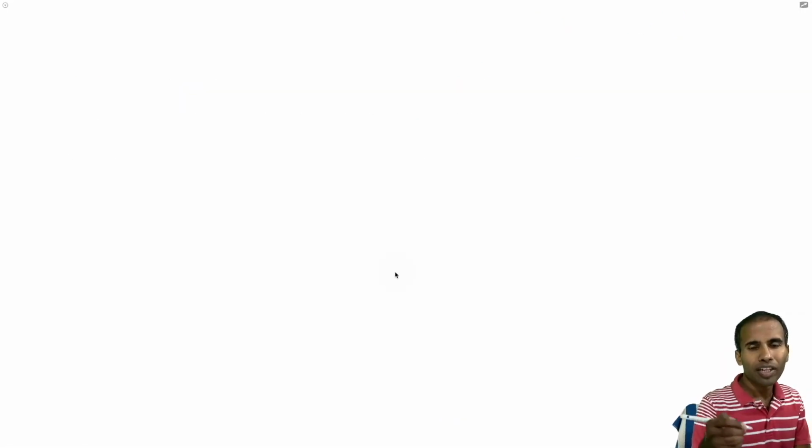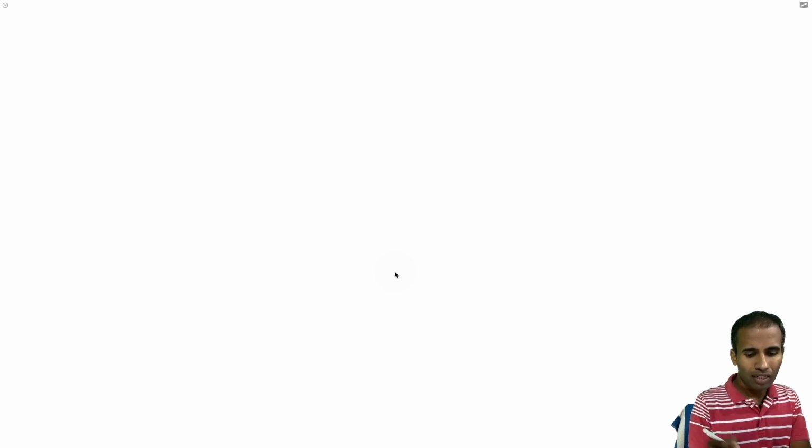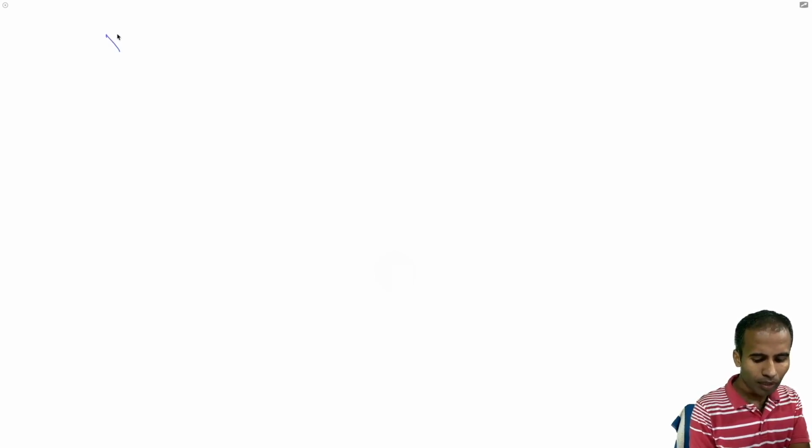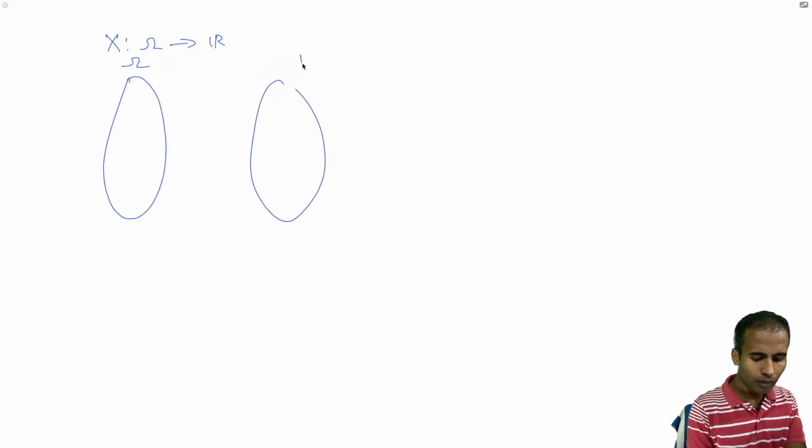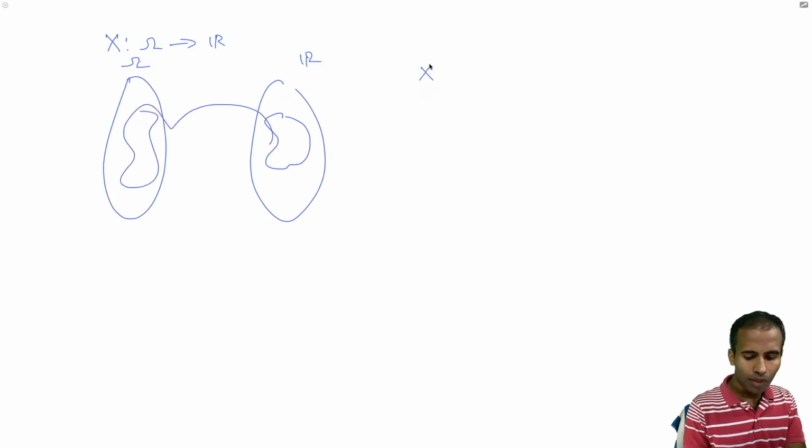Before we see an example of a random variable, let's try to understand this. The random variable X is a function from omega to R, right? So this is omega, this is R. For any subset of R, the inverse image is going to be some subset of omega. So when I say inverse image of minus infinity to x, it is going to be a subset of omega.